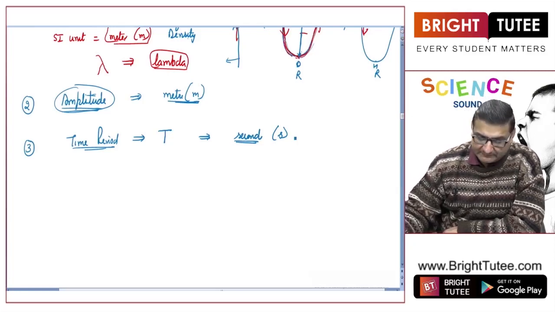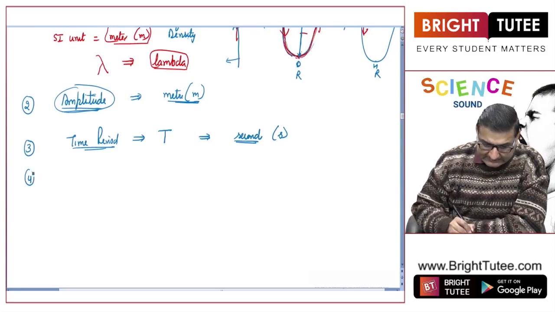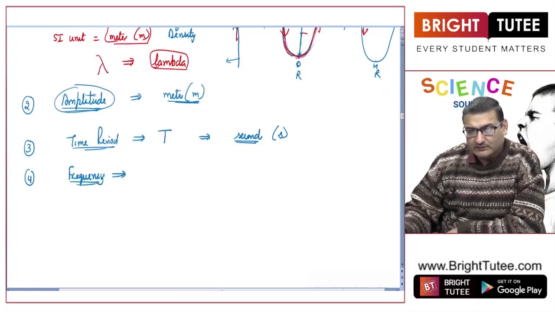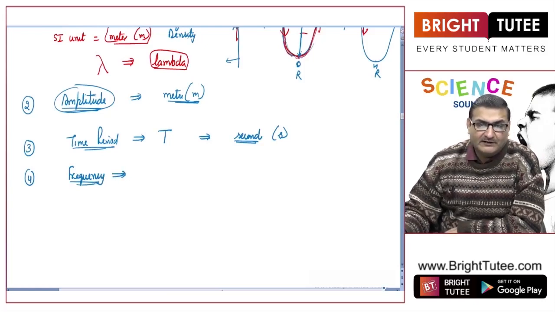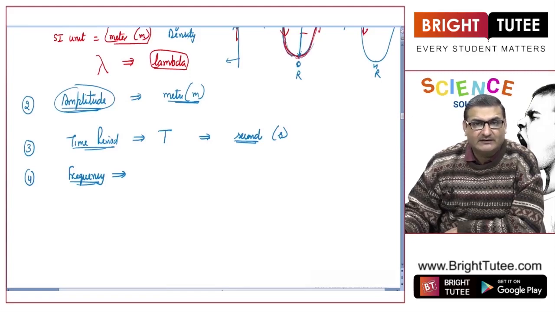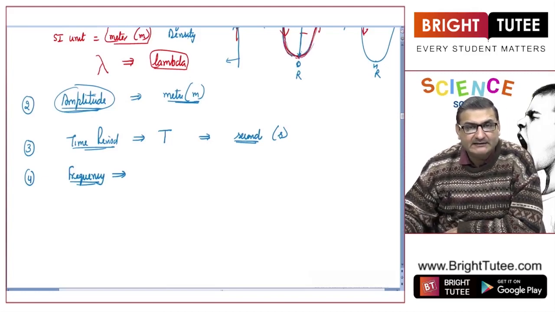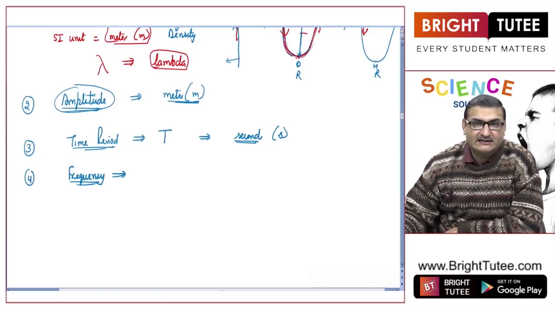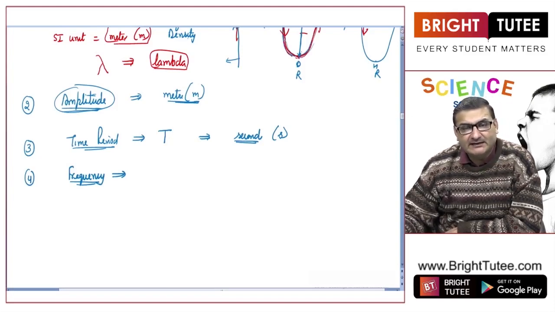Got it? Fine. The fourth characteristic is the frequency. Now this is very important to understand. What is frequency? Frequency means how frequently the sound waves or the activity is being performed. For example, I am beating a drum, right? So how fast, how frequently I am beating the drum and producing the sound, that will be the frequency. That is the number of times a particular event is happening.